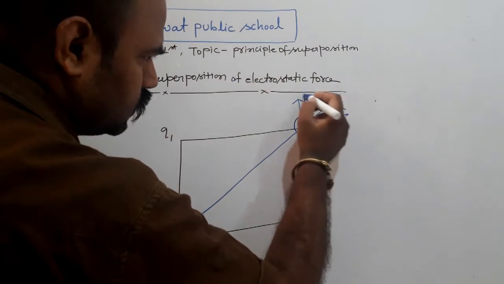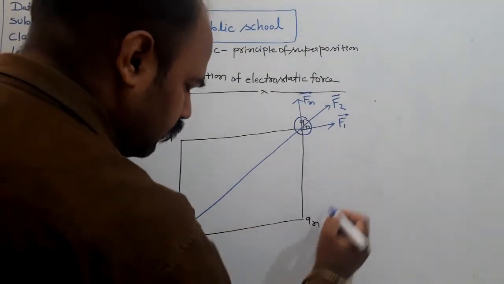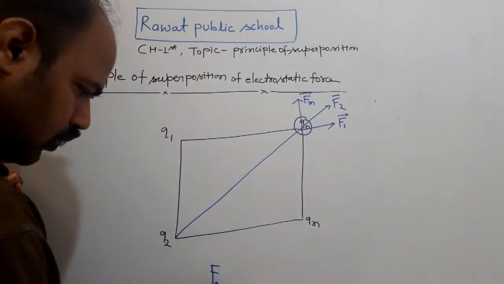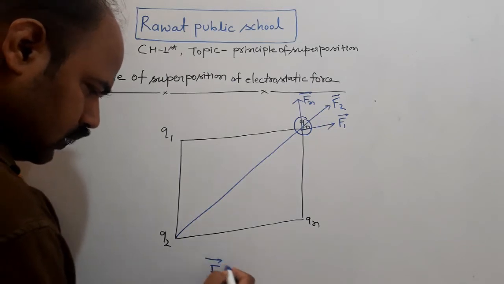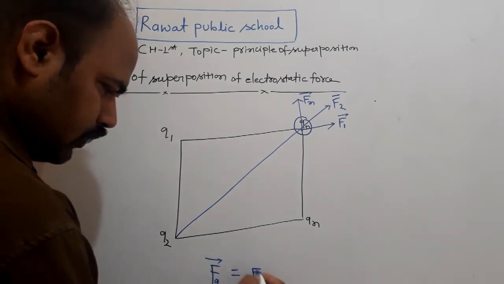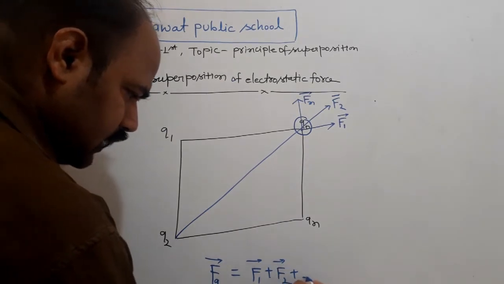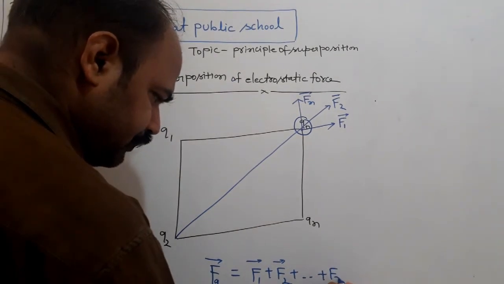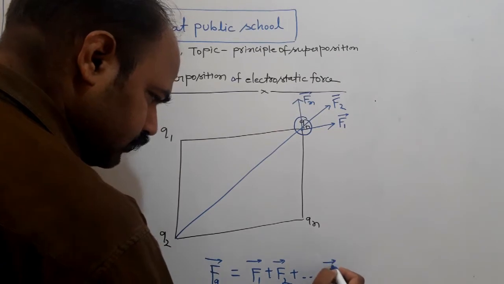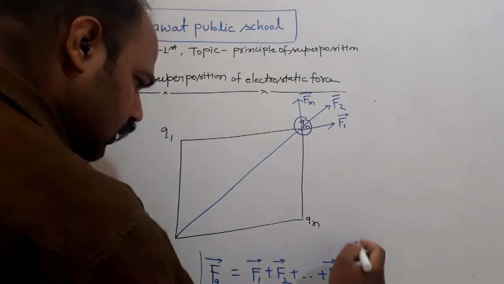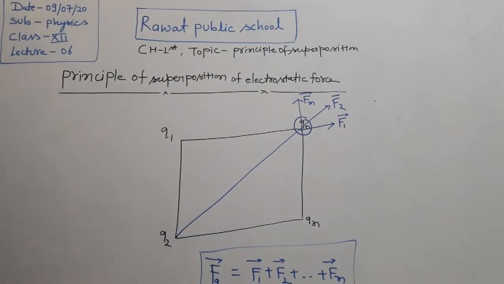So the net force on charge Q0 is the vector sum of F1 plus F2 plus dash dash Fn. So this is the principle of superposition. Please write it down.